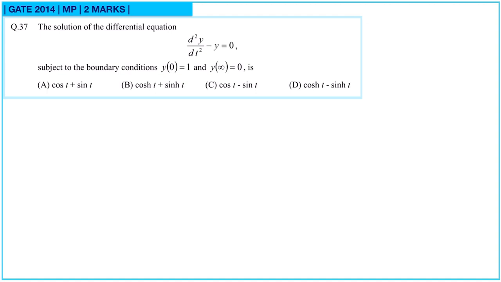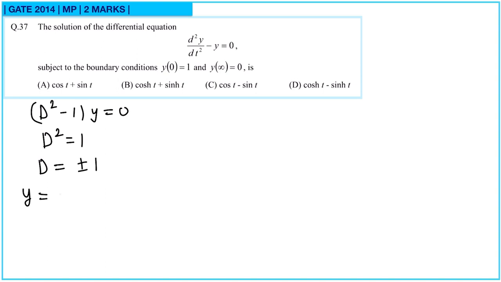Next, the solution of the differential equation d2y by dt square minus y is equal to 0, subject to the boundary conditions y of 0 is 1 and y of infinity is 0. Now the equation is (D square minus 1) y is equal to 0. So D square is equal to 1, D is equal to plus minus 1. So function is equal to c1 e raised to t plus c2 e raised to minus t.